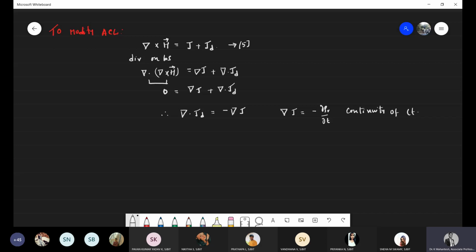There is a divergence of current due to the decrease in rate of change of volume charge with respect to time inside the balloon. So continuity of current. Now I can write del dot JD is equal to dou rho v by dou t. I'll call this equation number 6.